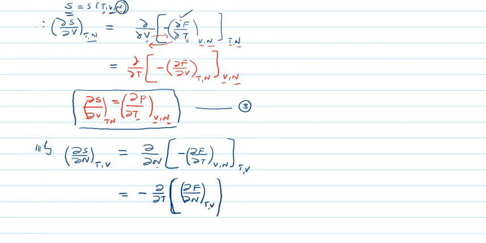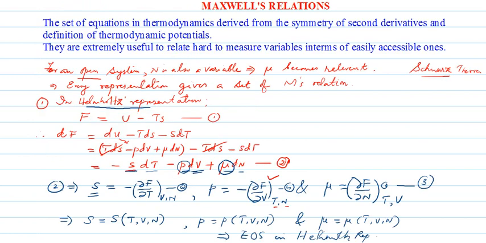Then this V and N comes out. But you know that dou F by dou N at constant T and V, let's look back, is nothing but your mu, the chemical potential. So we can substitute for that one.